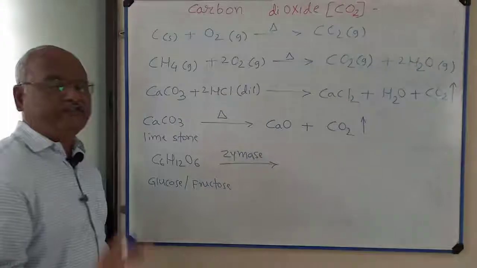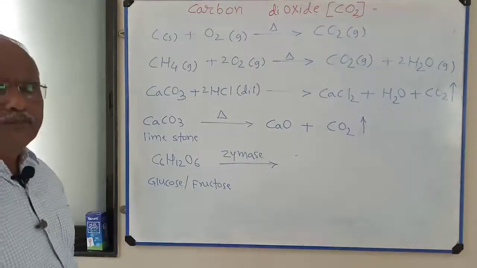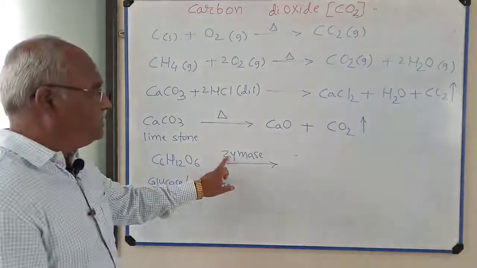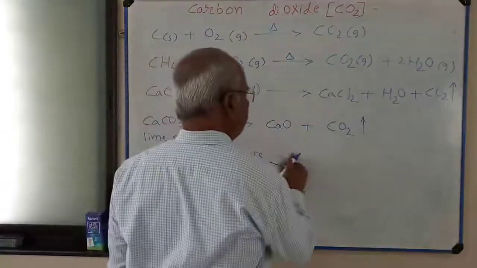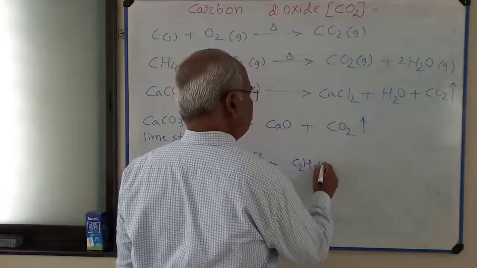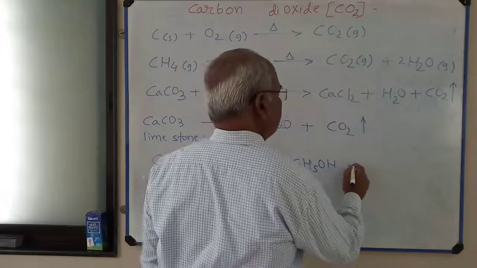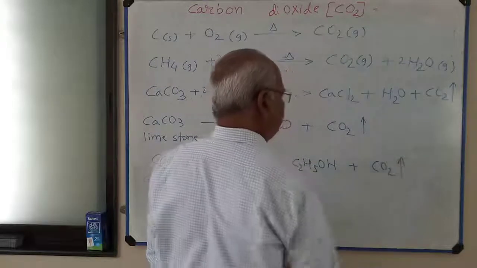Zymase is the enzyme. Glucose or fructose, when fermented by zymase, gets converted into ethyl alcohol and carbon dioxide gas is produced.